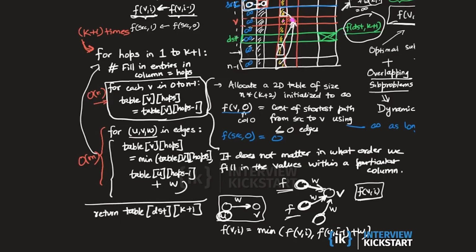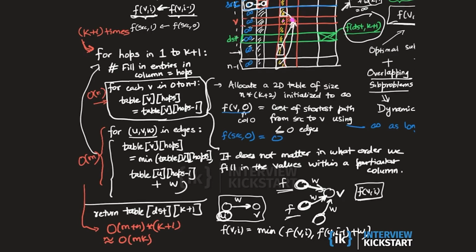And since m is typically bigger than n, I could express the total complexity here as order of m plus n times k plus 1, which is roughly order m times k. Since m is more than n, I can write this as order m times k.